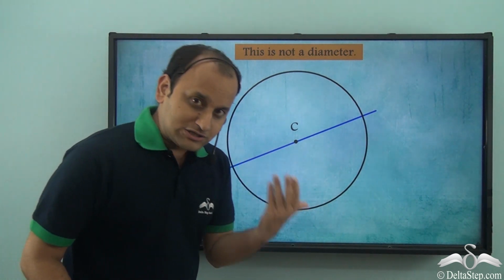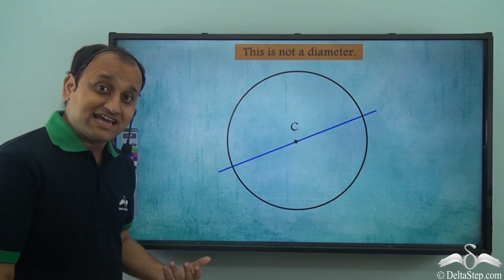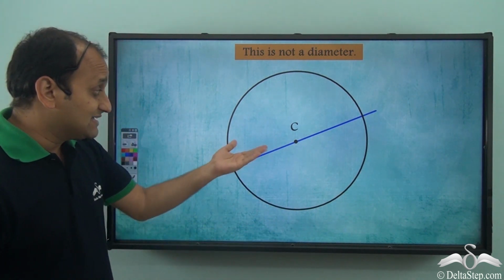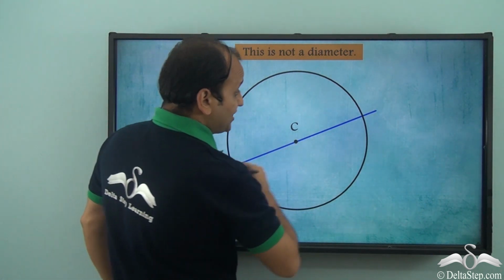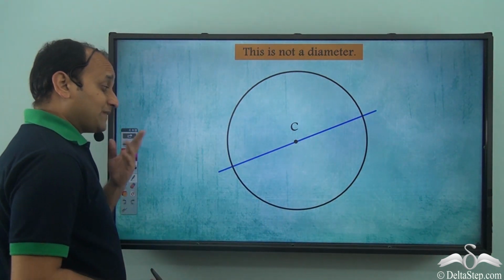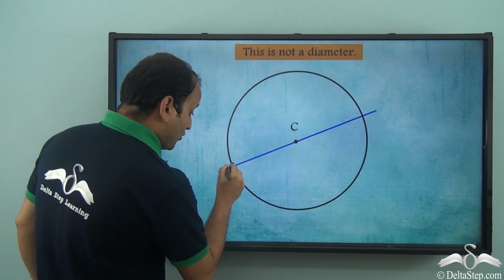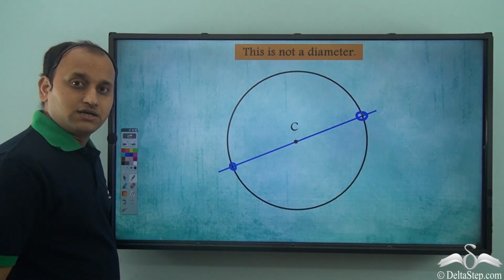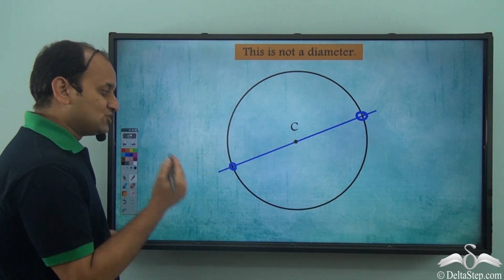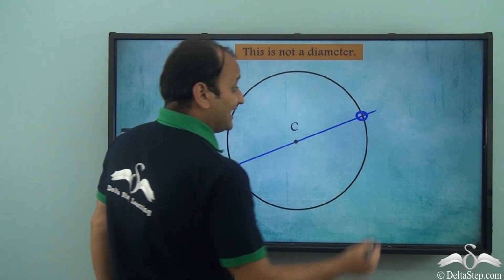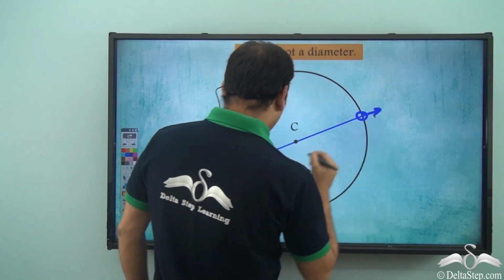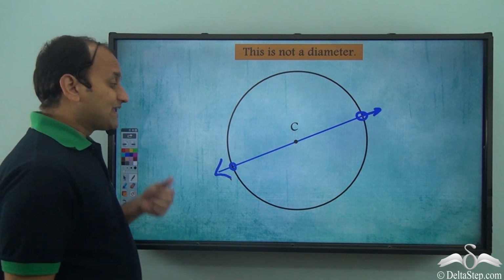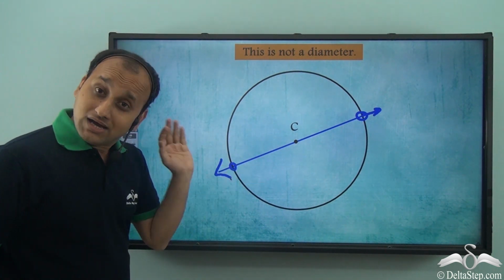Now you need to also understand that not all segments which pass through the center are diameters. For example, in this case I have a line segment which definitely passes through the center and it also joins 2 points on the circle, but it is not a diameter because it extends beyond these 2 points, that is beyond the boundary of the circle, and as a result this is not a diameter.